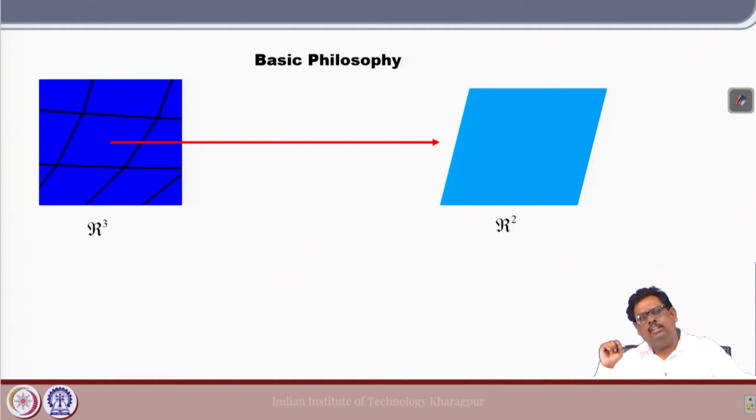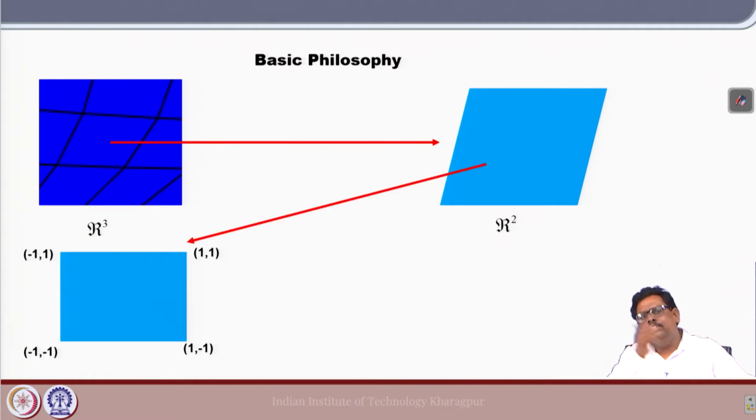Once it is possible to map this R3 point to R2, we use another mapping from R2 to the -1 to +1 square, because the Gauss quadrature limit should be -1 to +1 for x and -1 to +1 for y. We can call this a natural coordinate system.